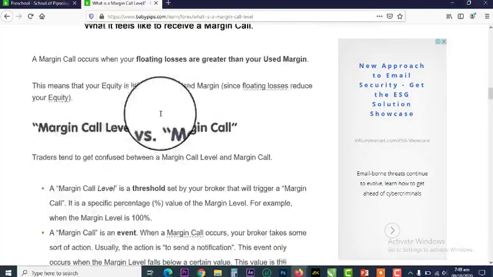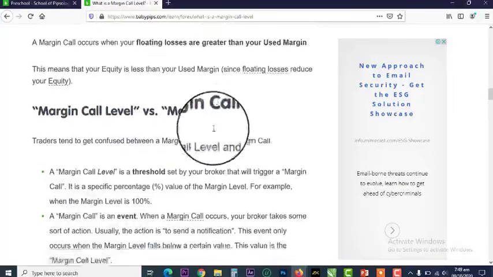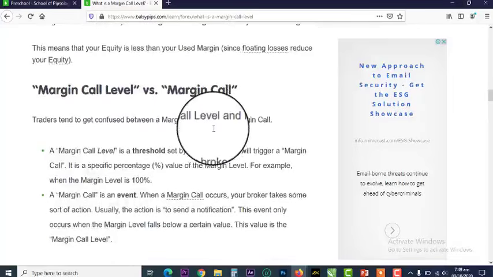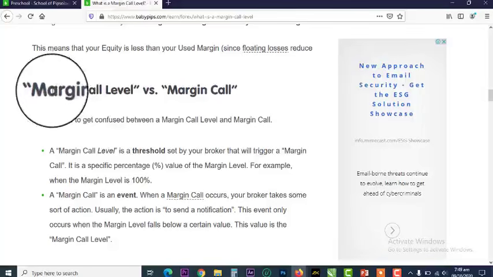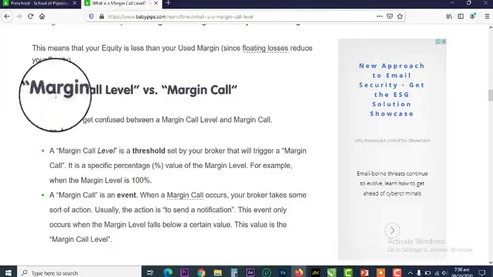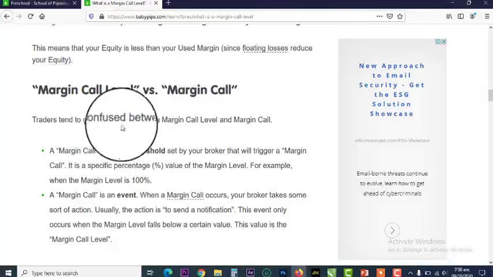a trade, right? So margin call level versus margin call, right? What brokers do, that's time passed, right? They will give you a margin call. It depends, right? Like a normal call, right? And you receive the call and they tell you, well, your margin level is down, you should exit all your trades right now. And if you do not exit your trades, they begin to close you out, right?